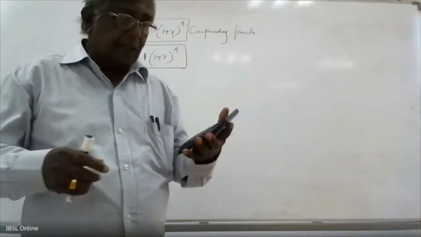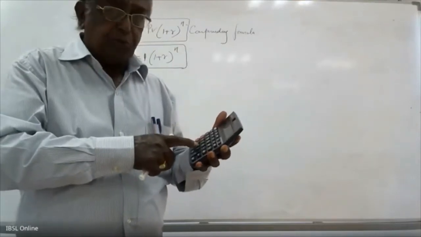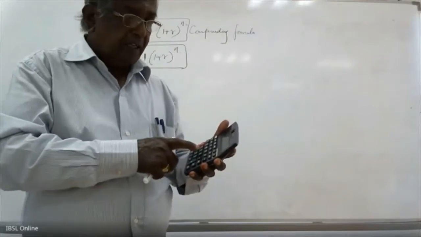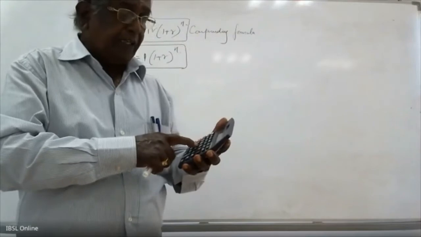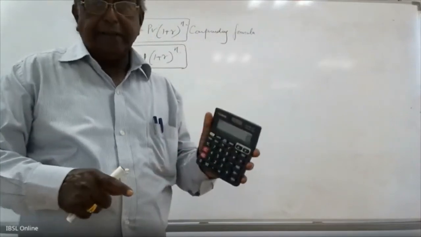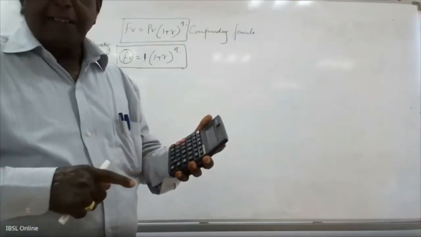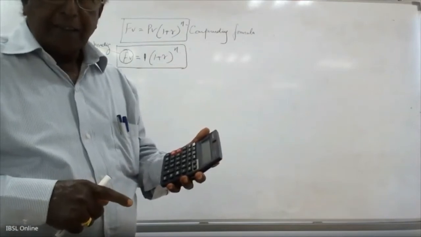This is an ordinary calculator. Now I am pressing 2 into 5. Equal sign, I am getting 10. Again equal sign, I am getting 20. What has happened?